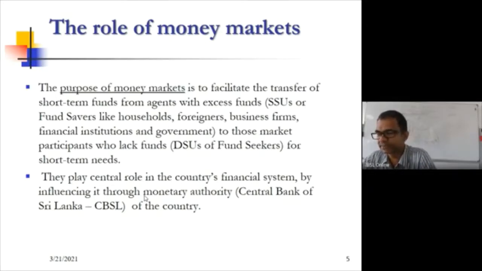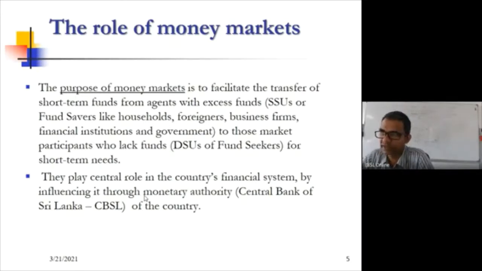So there's a gap between assets and liabilities. To match that gap, the banks should be able to borrow in the short term.